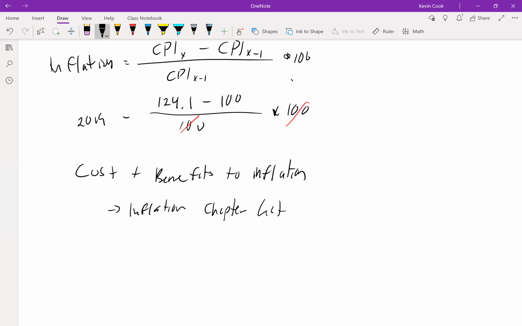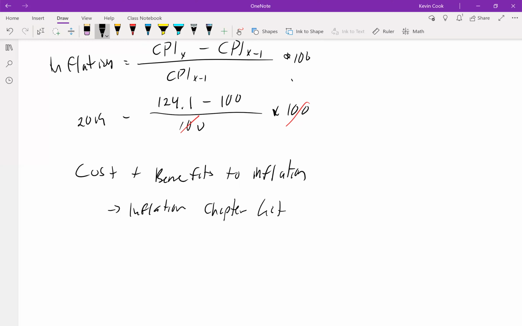If I'm holding cash, I don't really like inflation because my cash is losing purchasing power as we go through time. But if I'm holding something like gold, or a stock, or if I have debt, like a mortgage to buy a house, and then there's hyperinflation, I'm really not going to mind that much.